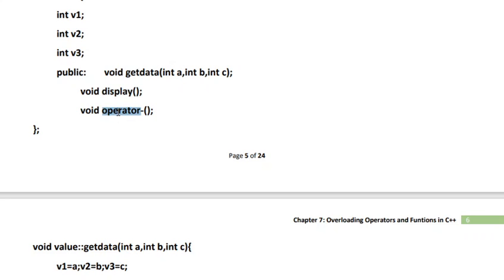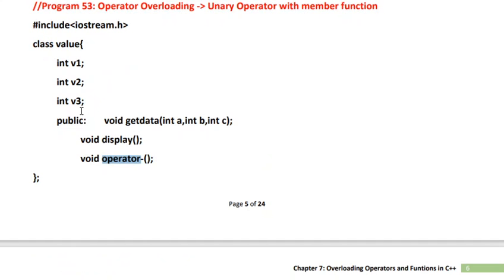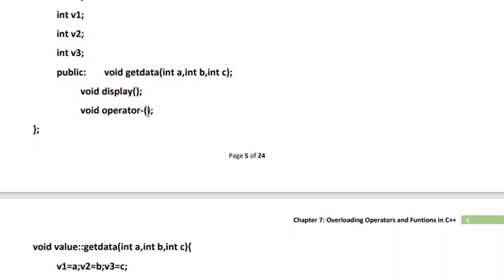It's capable of negating the values of the variables, and it's declared in the public section of the class, right? Since we are overloading the minus operator using the member function, I don't have any parameters passed to it, so there's no argument. You see here, there's no argument to it, right?